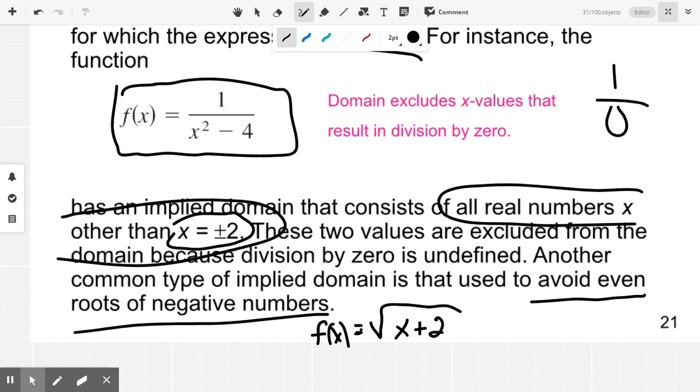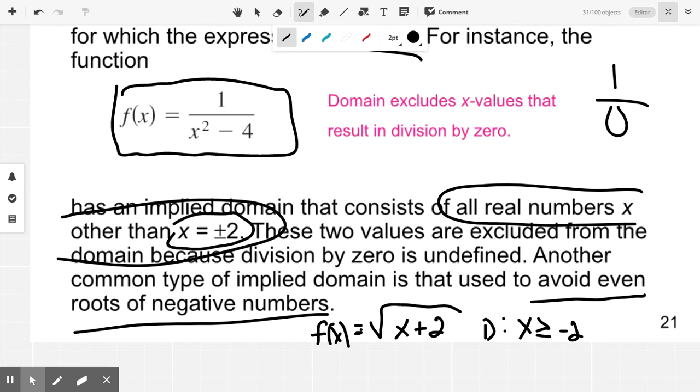So my domain is going to be x greater than or equal to negative 2, because negative 2 plus 2 is 0, and the square root of 0 is 0.